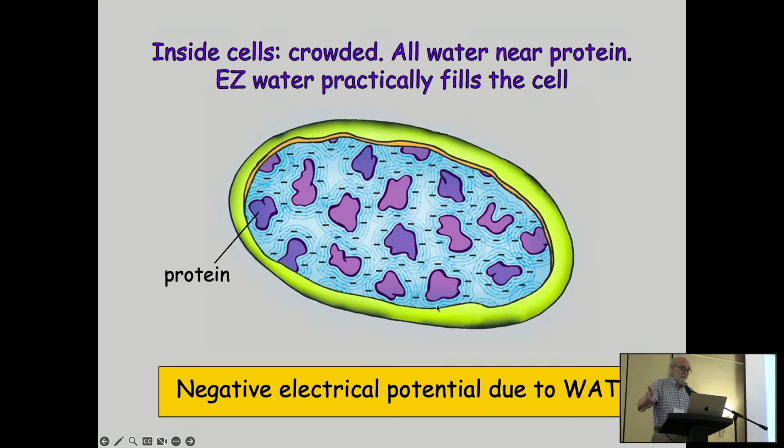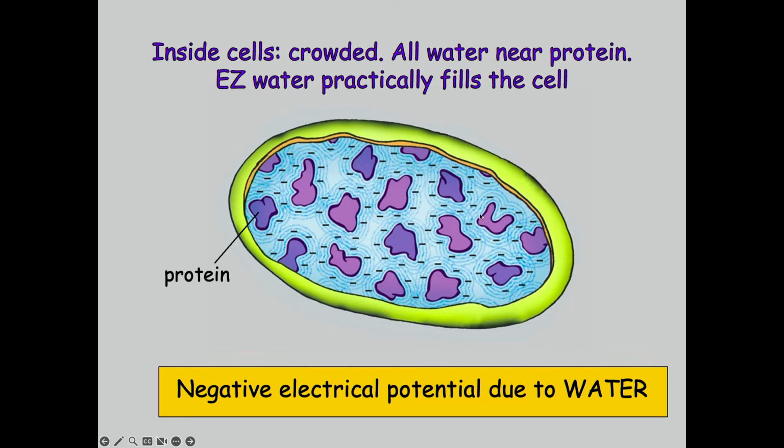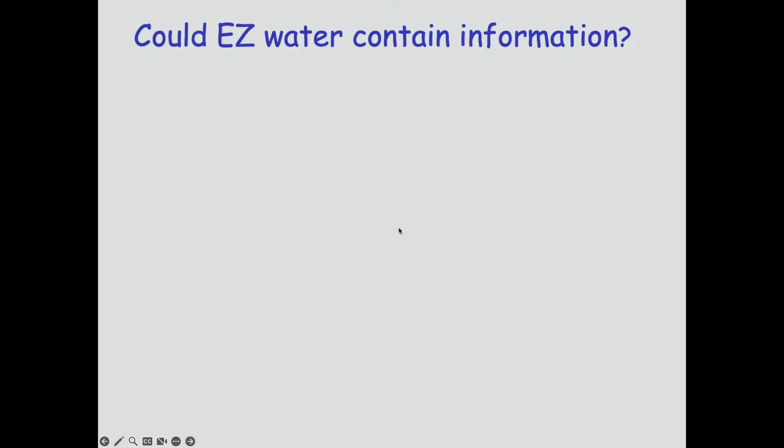I've argued in various papers and in my last book somewhat that that's erroneous. And I think a simpler explanation is that the reason the cell is negatively charged has to do with the presence of EZ water, which is negatively charged. So it's a very simple kind of observation that has really important implications that I'll get to.